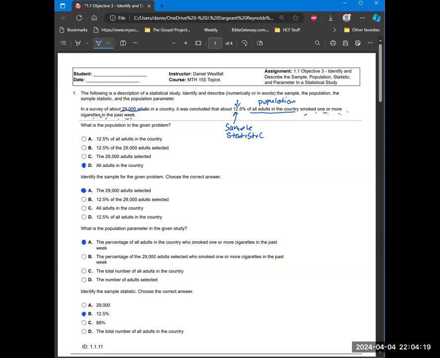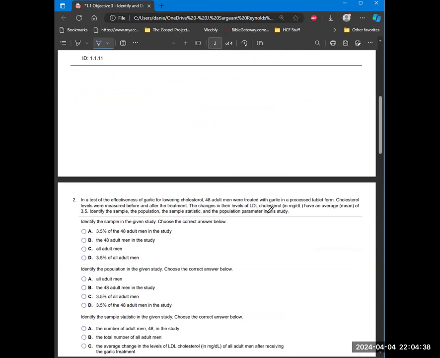This is the population parameter, described by these words. All right, let's move on to the next question here.